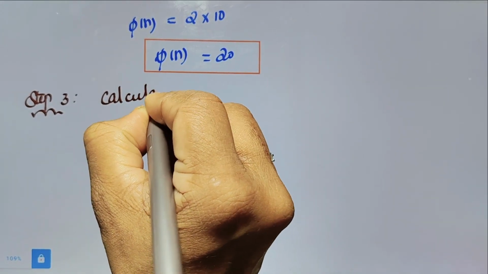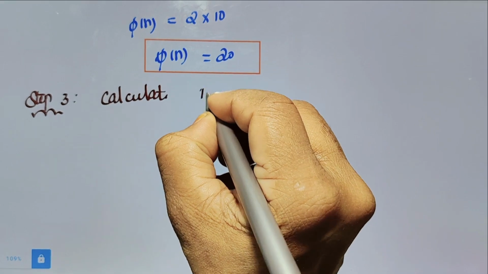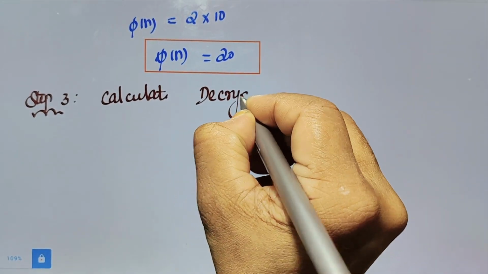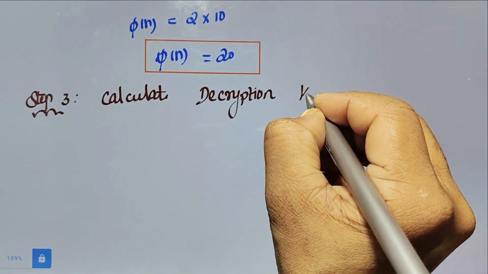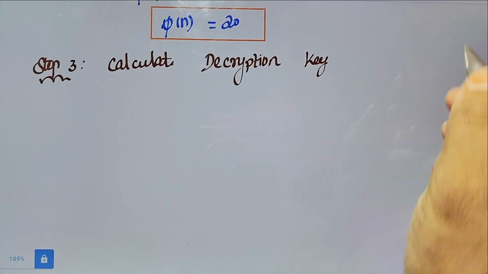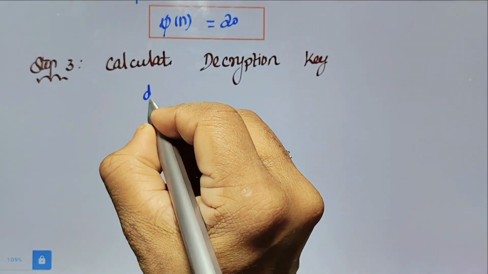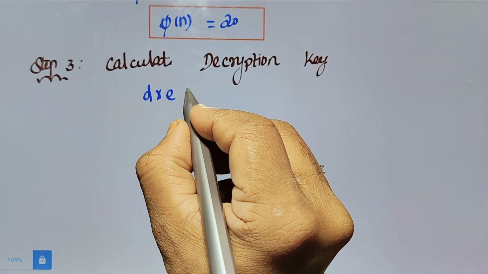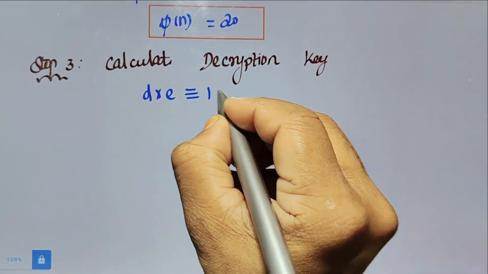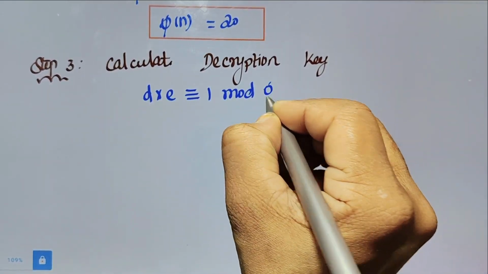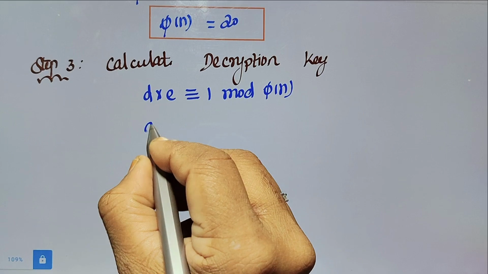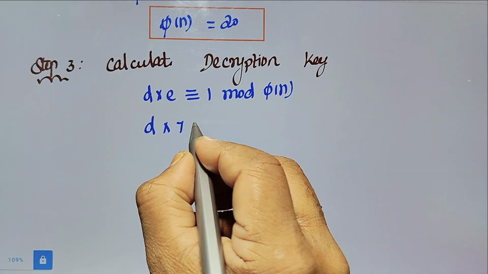Next, step 3, calculate decryption key. D into E congruent to 1 mod pi of n. Here E value 7, right?